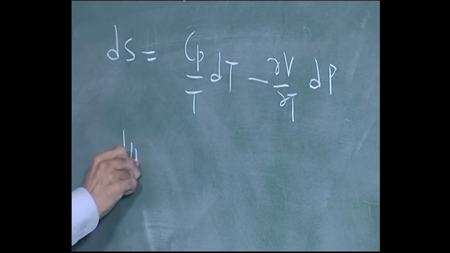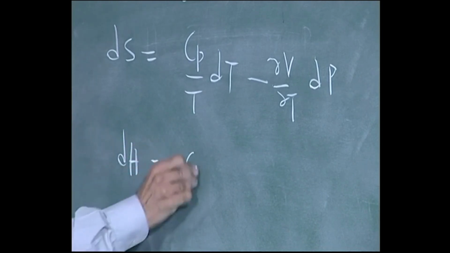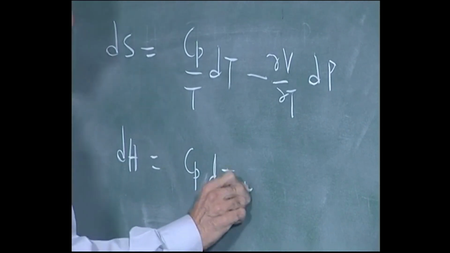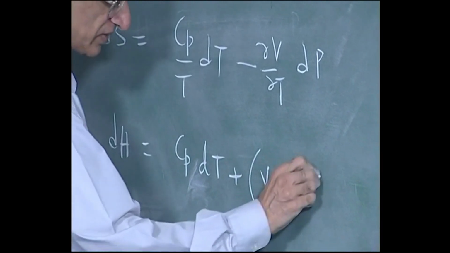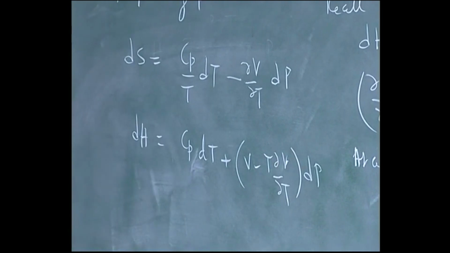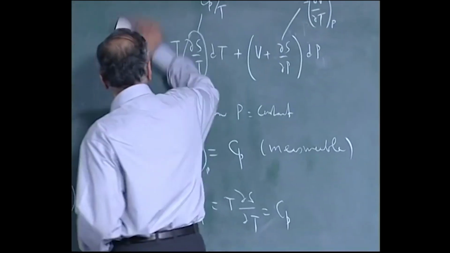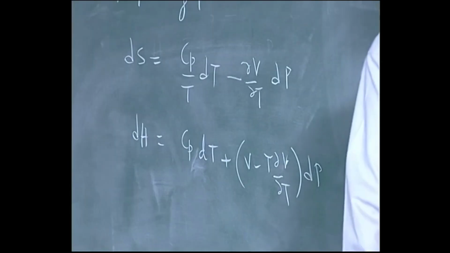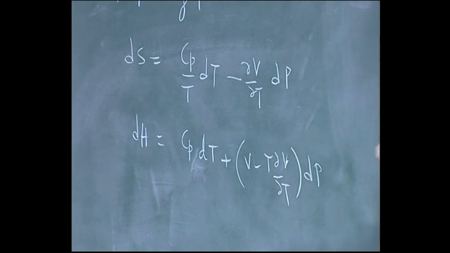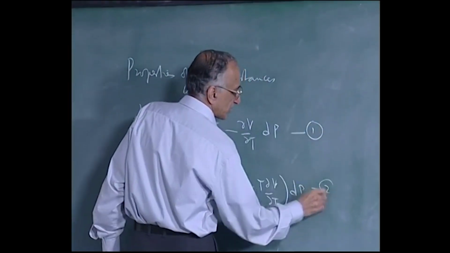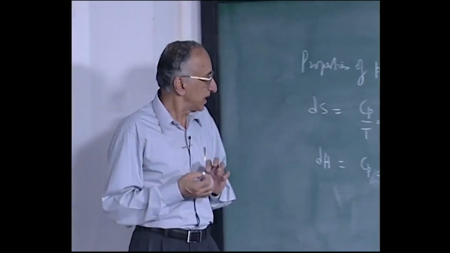Then dH is equal to Cp dT plus V minus T partial of V with respect to T dP. So these are the 2 equations that I have to integrate. I am interested in calculating H, any 2 variables U and S. If P and T are the variables, it is more convenient to calculate H and S. So this is my equation 1, this is my equation 2. I want to integrate these 2 equations.